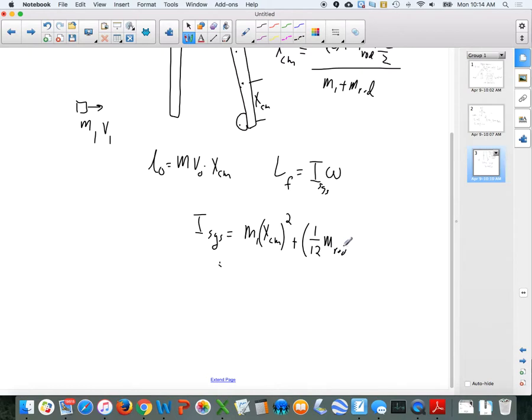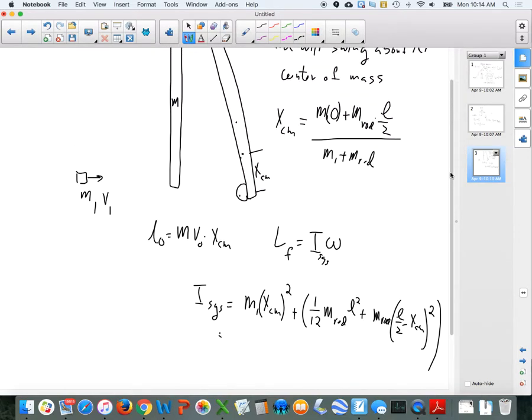I center of mass of a rod is 1/12 mL squared, plus I need to do mass of the rod times L over 2 minus x center of mass quantity squared, where what I've done here is account for the fact that this is the H, that's where I've moved the pivot point from the center of mass.